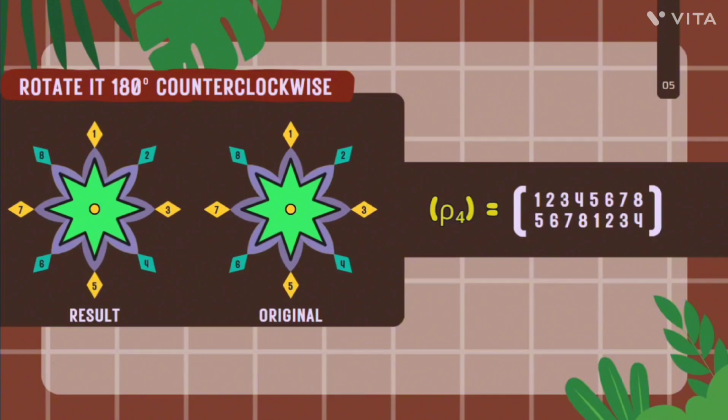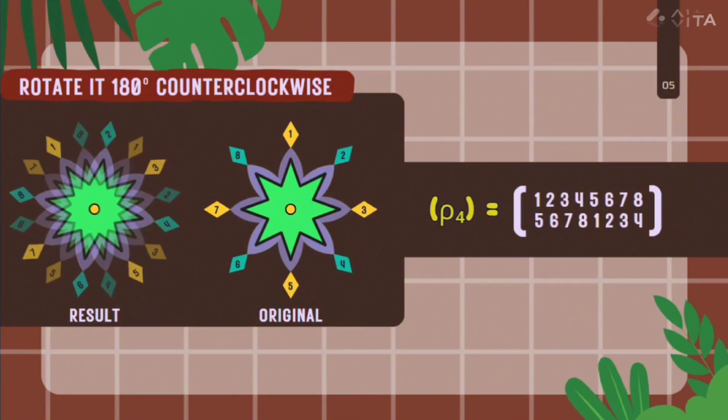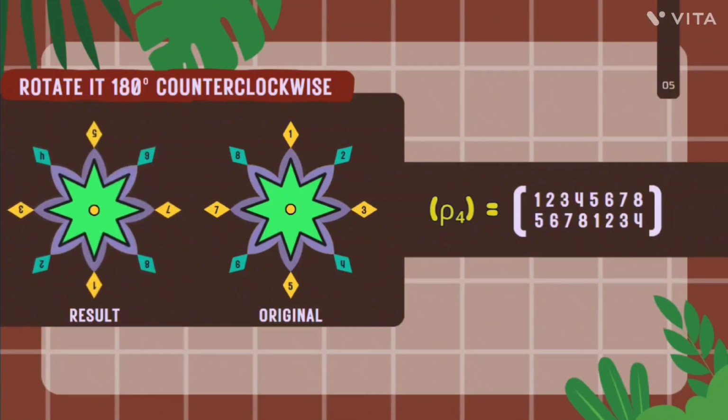In rho sub 4, the movement we do is rotate it 180 degrees counterclockwise. So let's rotate it and see what the result will be. As you can see, the 5 is now at the top after rotating it.